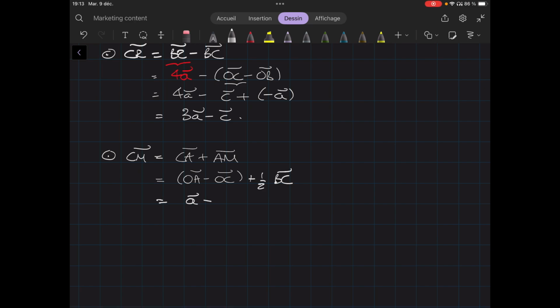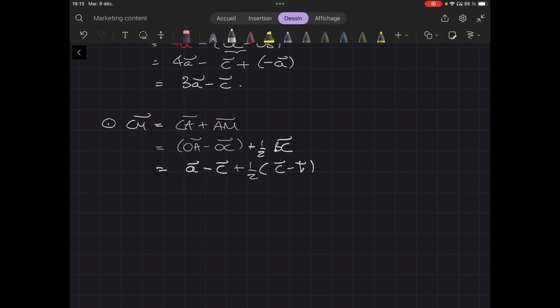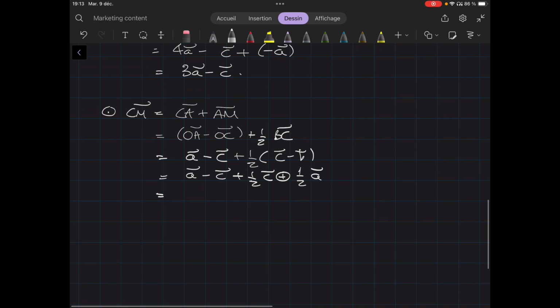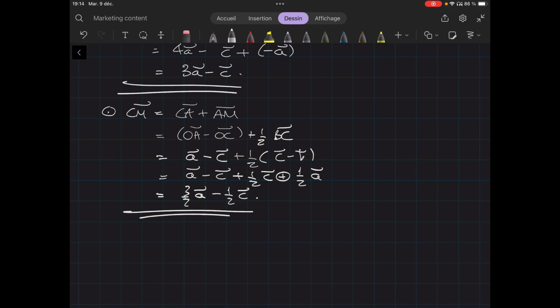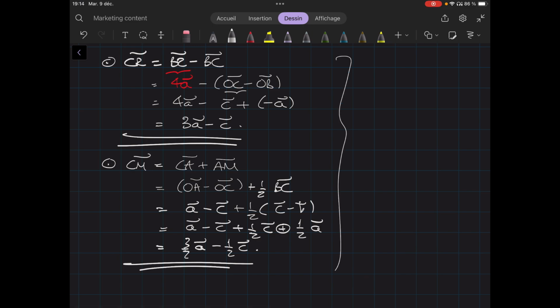OA, OC, OC, OB. B is equal to minus A. As we can see, CM is exactly equal to a half of CR.